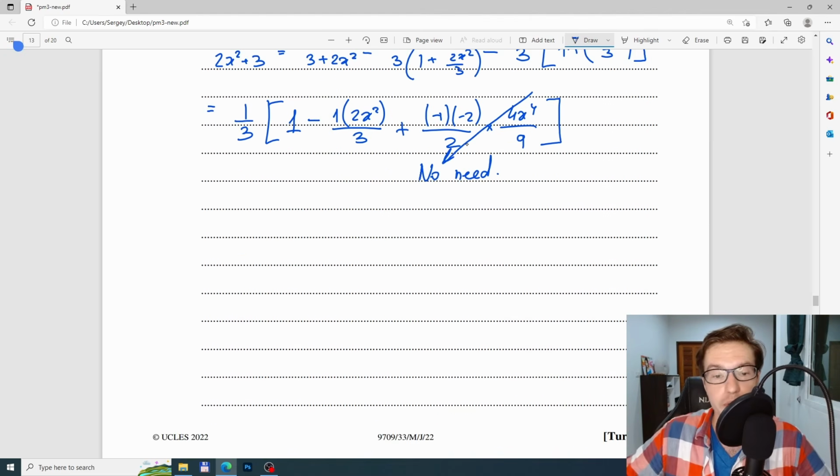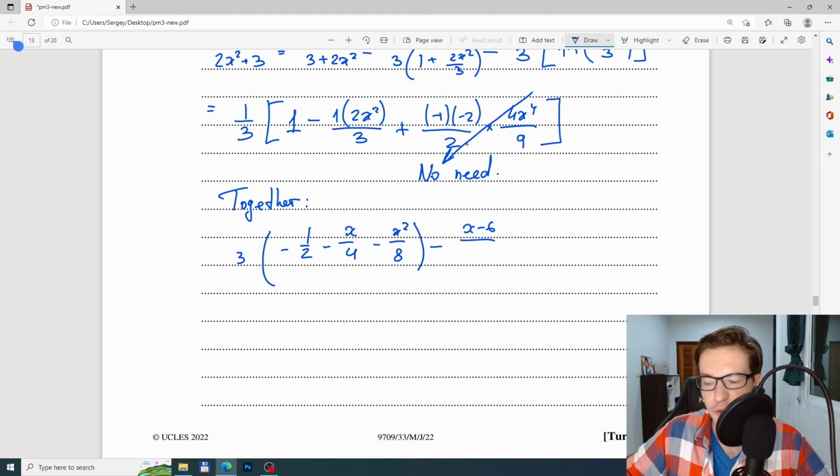Okay, so now all in all we are ready to combine all our results together. We'll get 3 times bracket minus a half minus x over 4 minus x squared over 8. That's our first expansion. Okay, so now minus x minus 6 over 3. Now I'm trying to combine the second one.